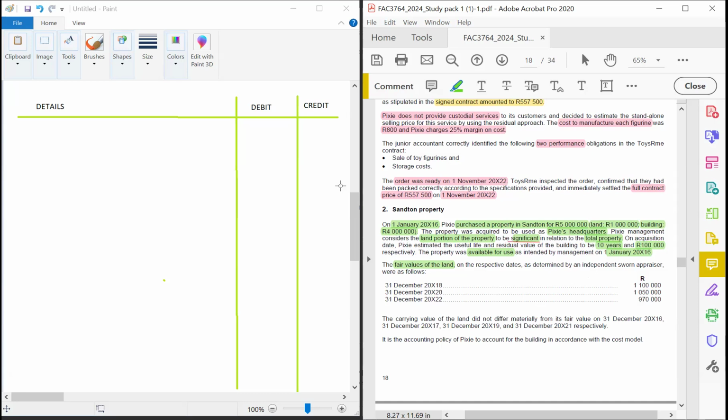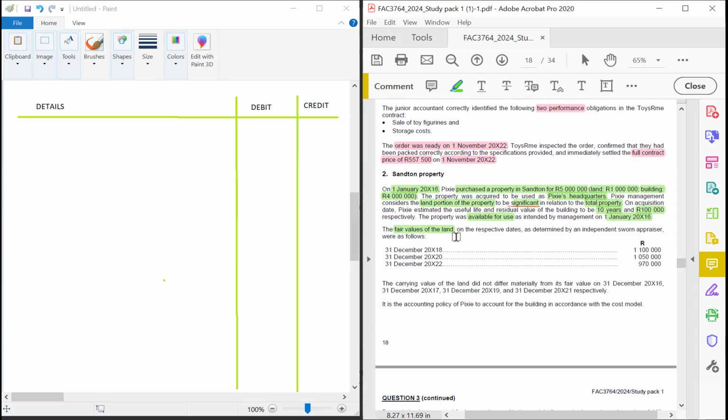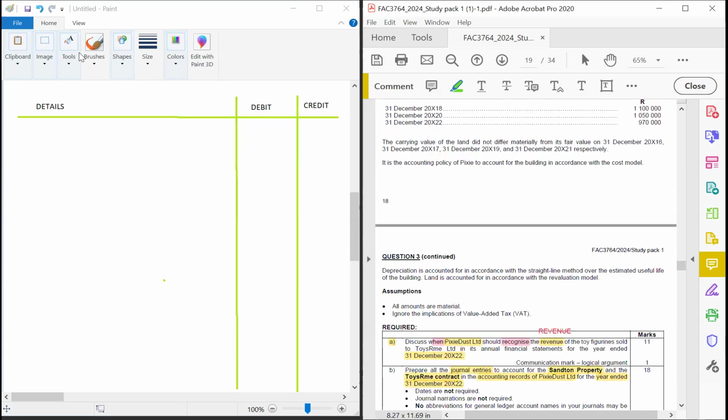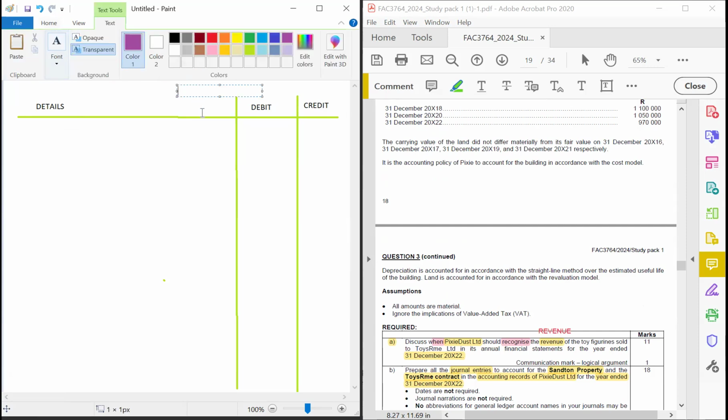When dealing with journals, I love to take note of my date, my year end. So, 31st December 2022. I used to mess up the date when I was still a student. Maybe I calculated depreciation wrongly because I didn't take into account the correct year end.